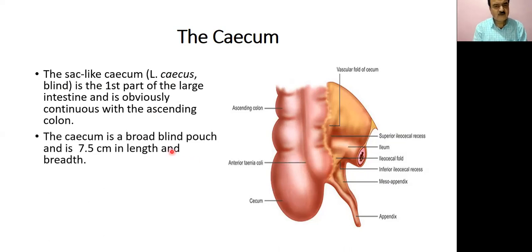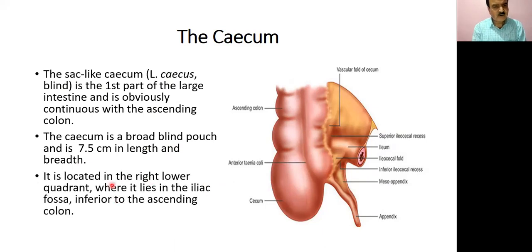The cecum is a broad, blind pouch about 7.5 centimeters in length and 7.5 centimeters in diameter. So length and breadth are the same. It is one of the structures in the body which have length and breadth the same.